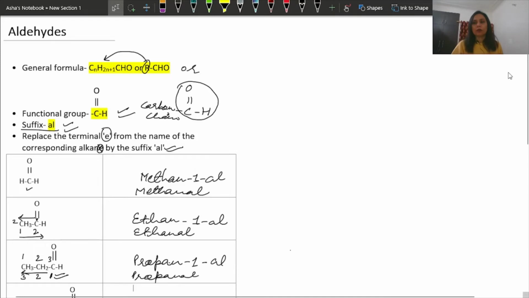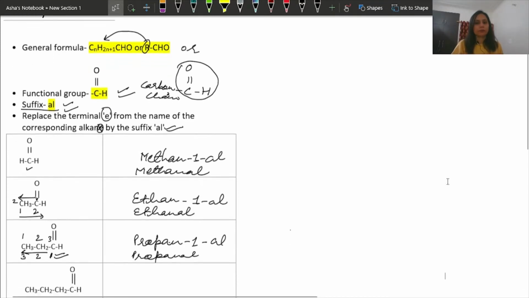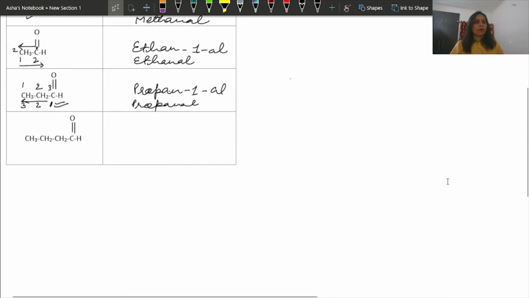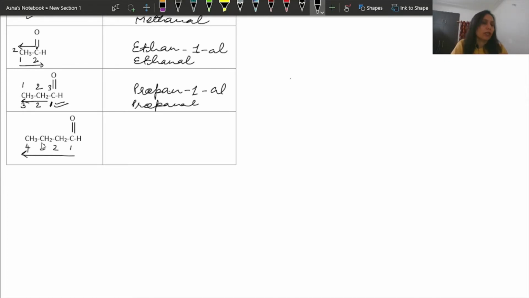Okay, now in our other example, this one here, we are having 1 2 3 4 carbons. If you are doing from back to front, this is the first carbon, this is the second carbon, this is the third carbon, this is the fourth carbon. If you are doing from front to back, then this is the first, this one is second, this one is fourth.